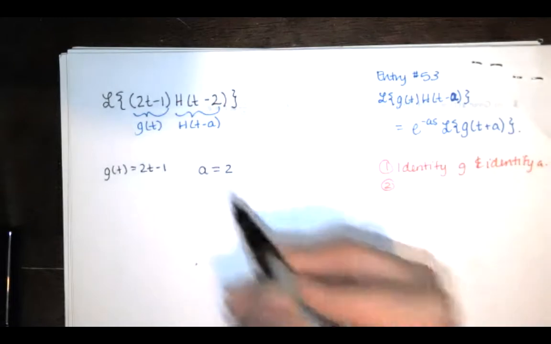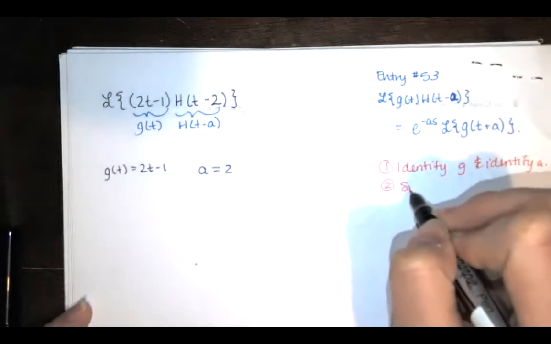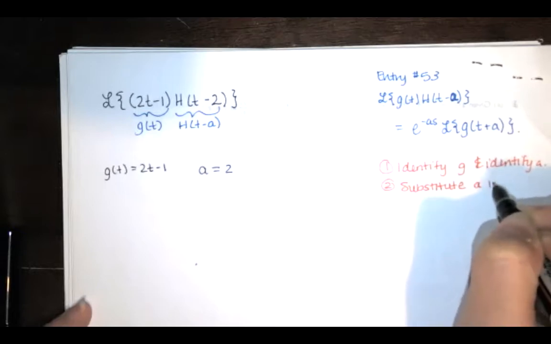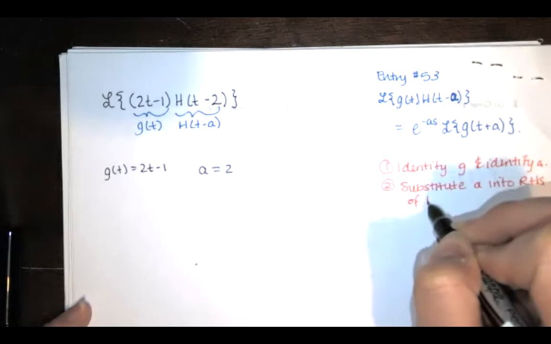After we've identified a, I like to substitute a into the right-hand side of the equation. So we're substituting into the right-hand side of that identity.